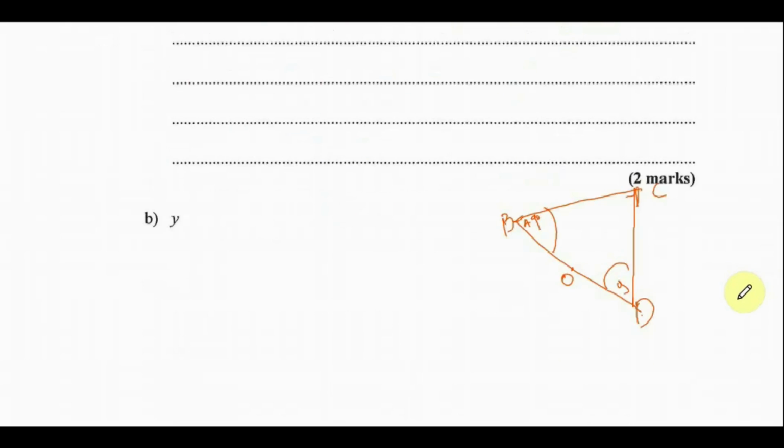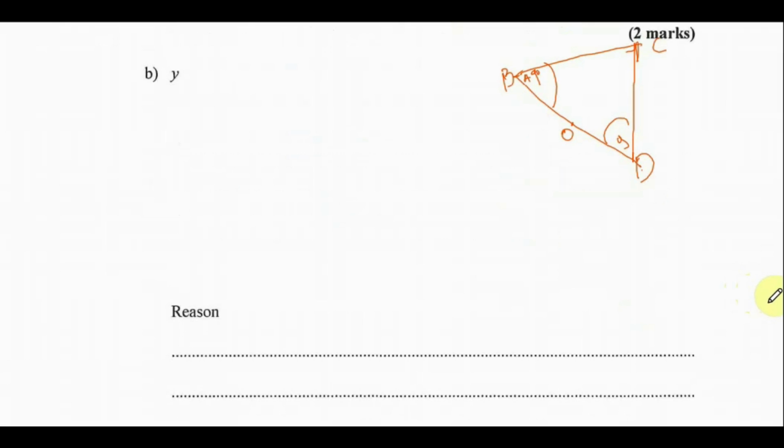Moving on to the other part of the question, I have to find y. Now in triangle BCD, O is the center. Therefore angle C is what we would call the angle subtended by the diameter.